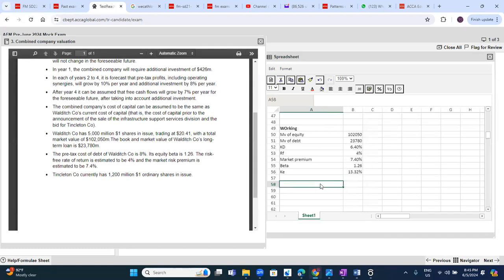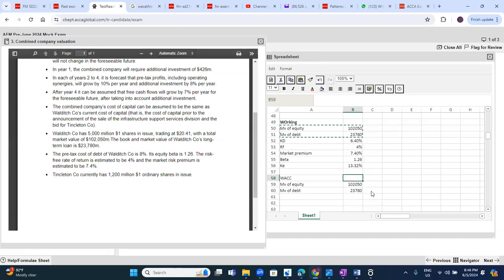Okay, let's calculate the WACC. It's up to you. If you want to calculate WACC in this way, you can calculate, or you can also apply the shortcut. This is market values. Now write the cost here. Cost of equity is 13.32. Cost of debt is 6.4. Multiply these two with each other.